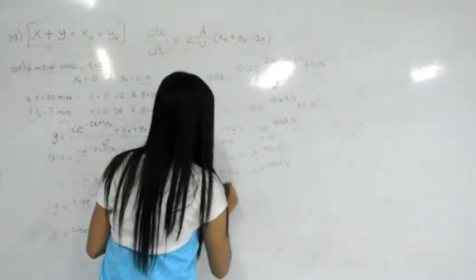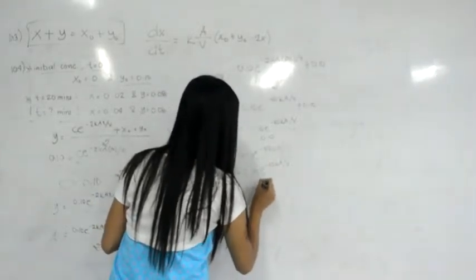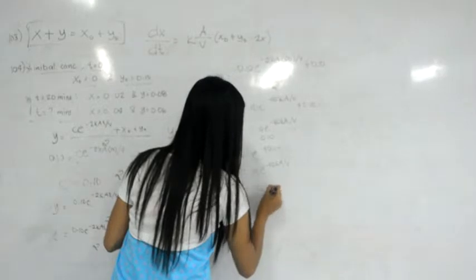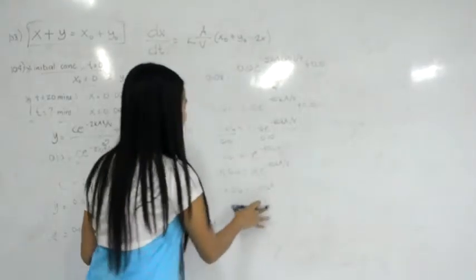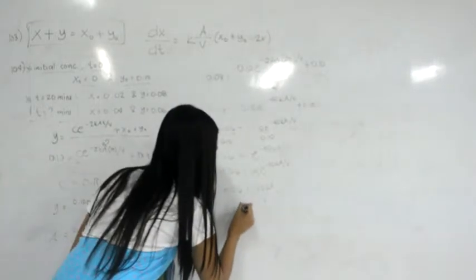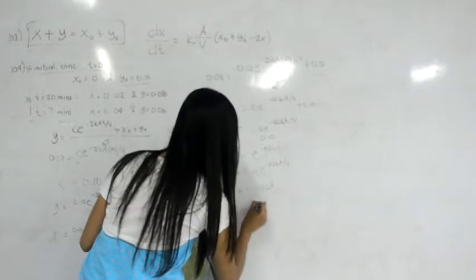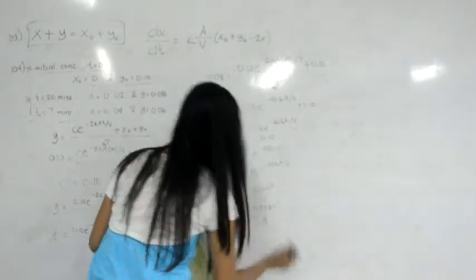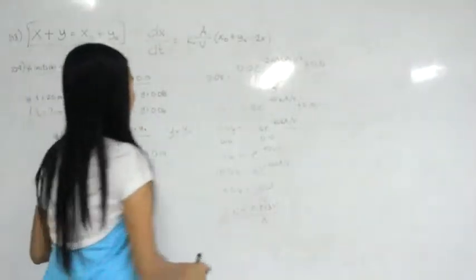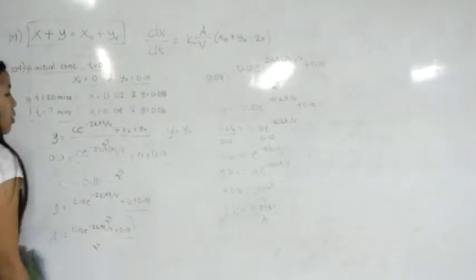So ln of 0.6 equal to negative 40 k a over v. And from this equation, we can conclude that k is just equal to 0.013 v over a.